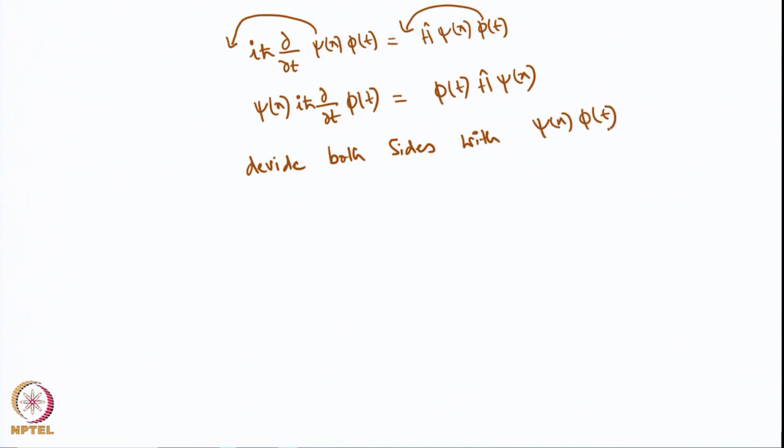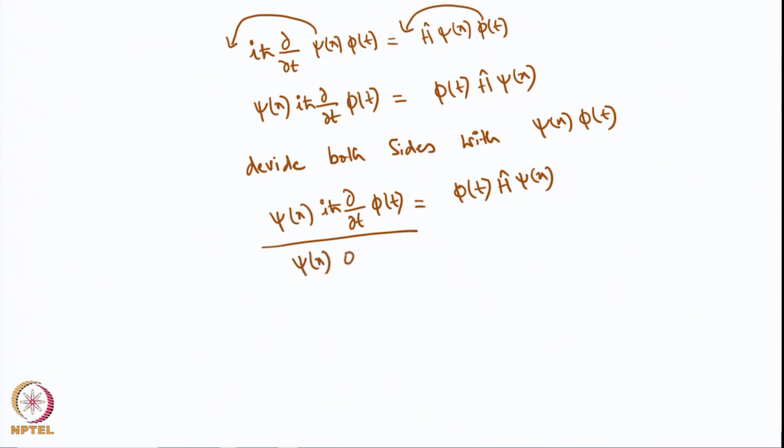When I do that, psi of x i h bar d by dt of phi of t is equal to phi of t H psi of x, divided by psi of x phi of t.